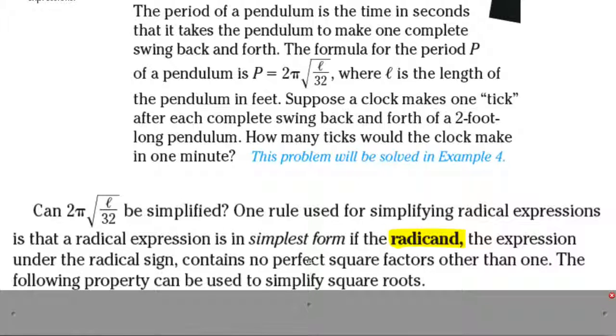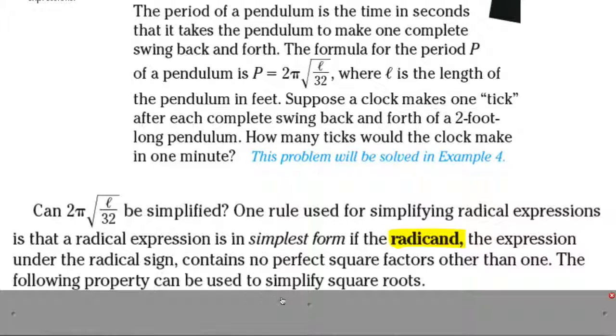So let's recap that. A radical expression is in simplest form if the radicand, this one right here, the expression under the radical sign, contains no perfect square factors other than 1.